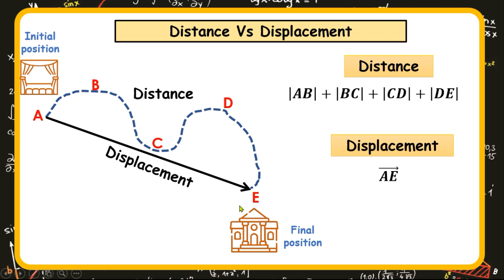So both distance and displacement in this case will have the same initial point and final point.